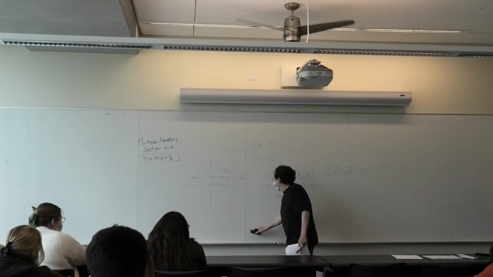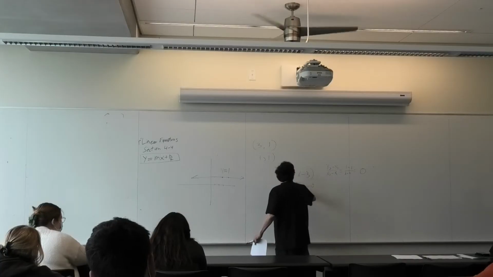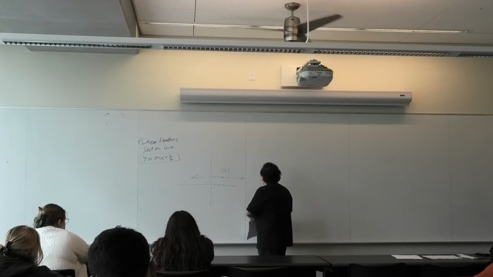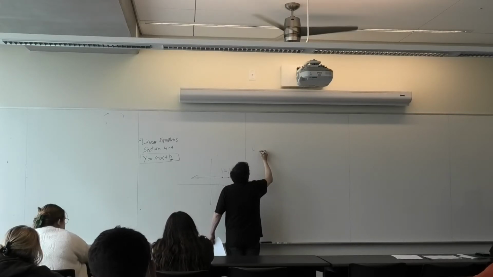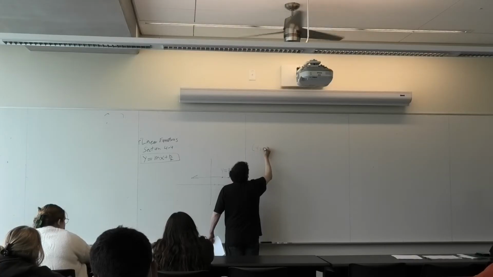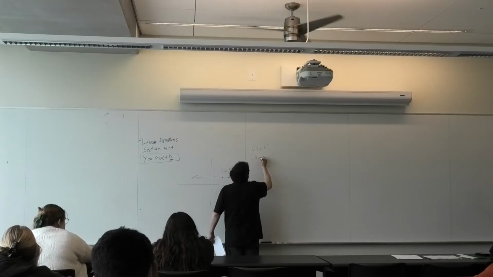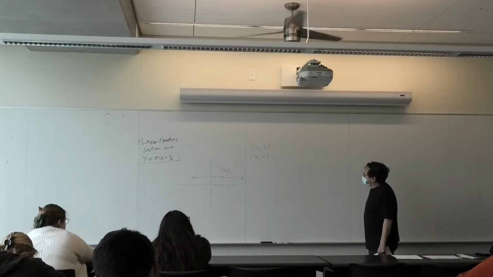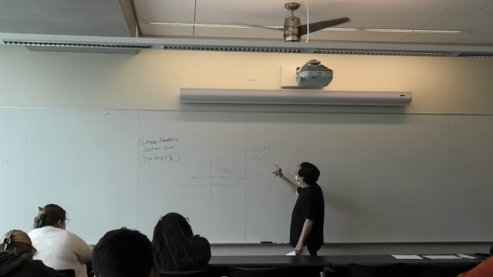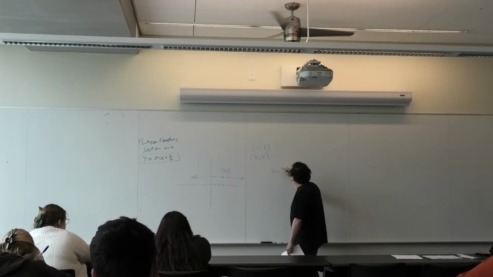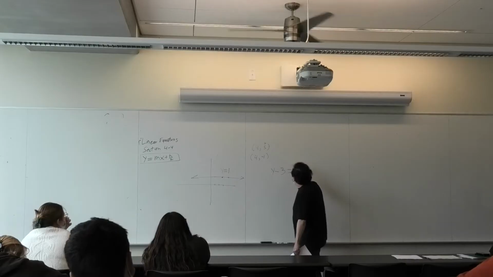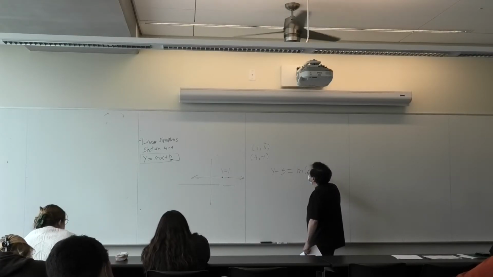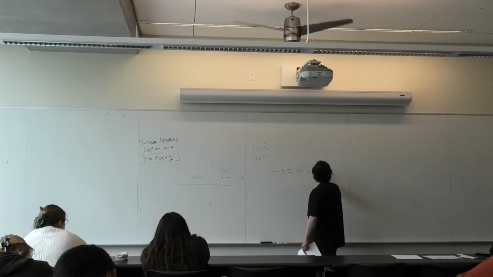Okay, we're almost done. What if instead I had 4 comma 3 and 4 comma minus 1? Okay. Getting good at this. So point slope, y minus y1, y minus 3, equals m times x minus x1, 4.